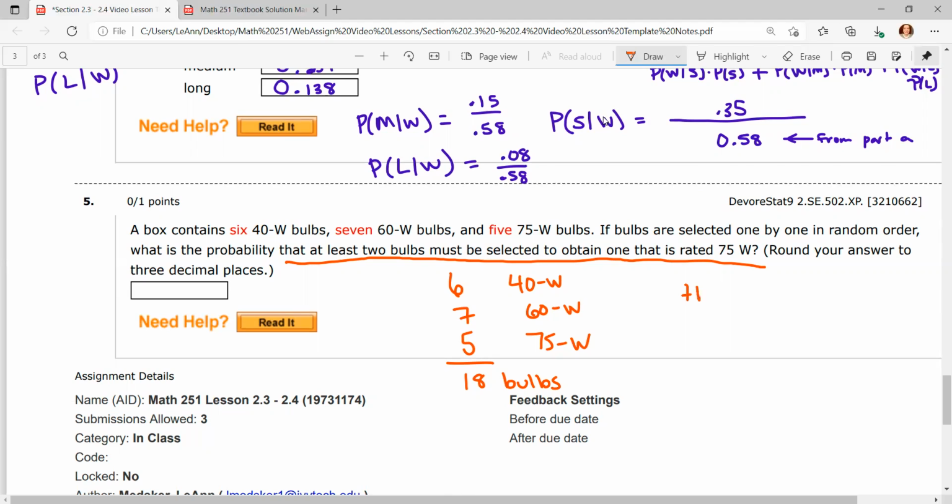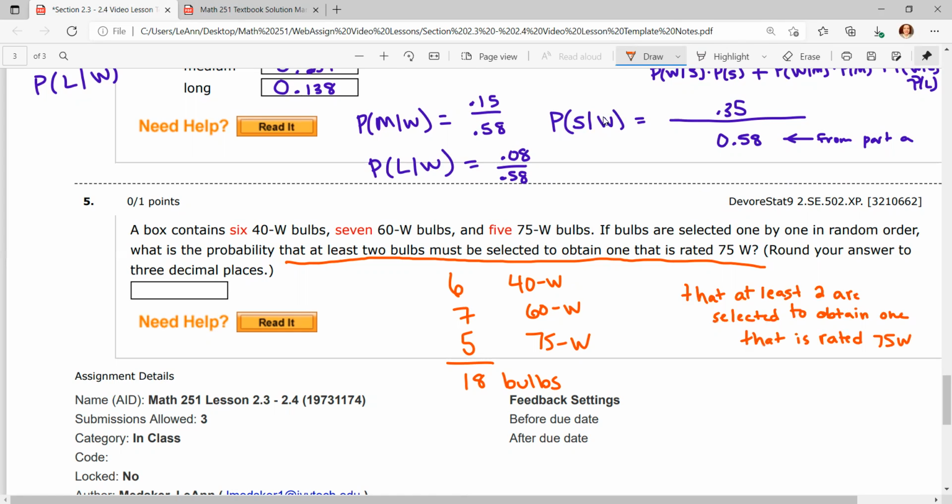So that at least 2 are selected to obtain one that is rated 75 watts.